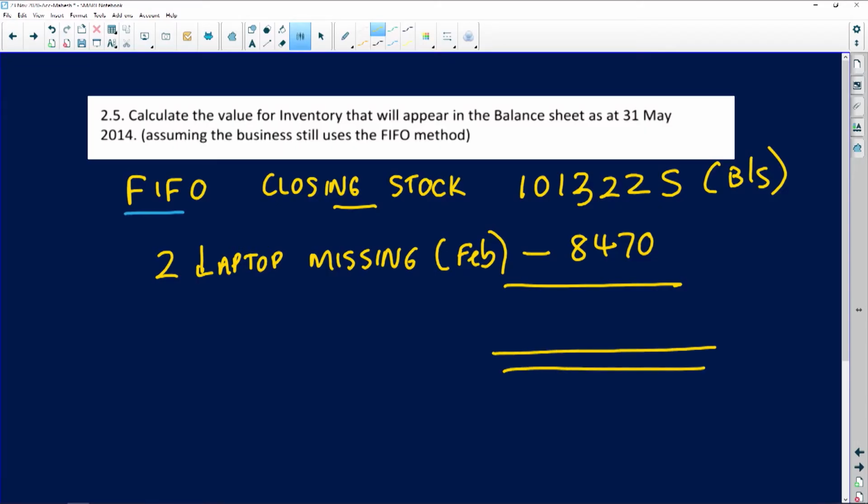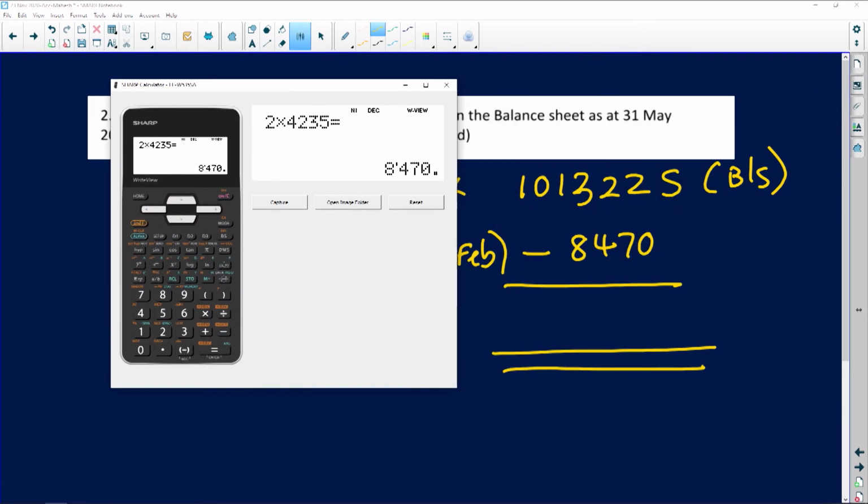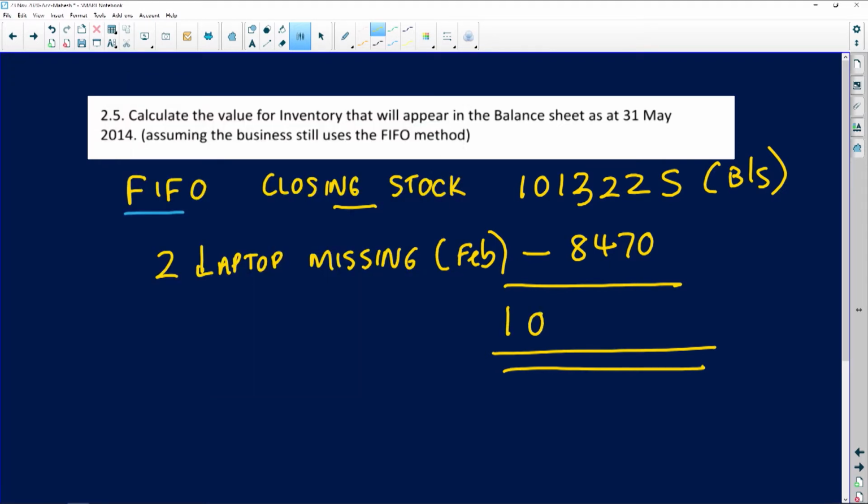Okay, so in our balance sheet, stock will be shown at a value of, let's just quickly clear that. So we've got 1,013,225 minus 8,470, and that gives us an amount of 4,755. Okay, so that was quite easy for 4 marks.